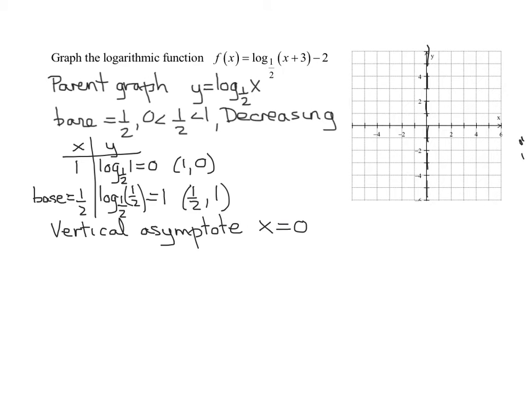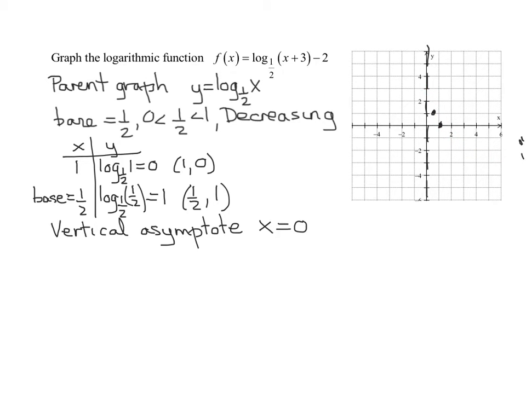And then I need to graph the point (1, 0), which is right here. And then I need the point (1/2, 1), which looks like it's going to be about there. And I'm going to get my decreasing graph, which is going to start up here approaching the vertical asymptote, come on down this way.